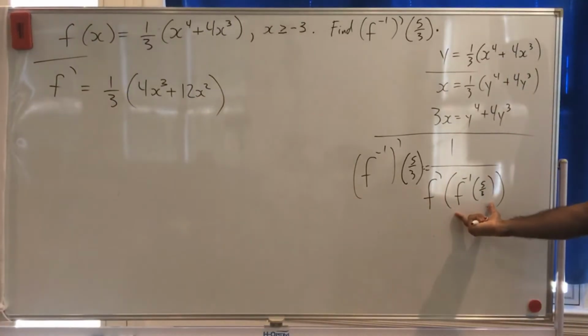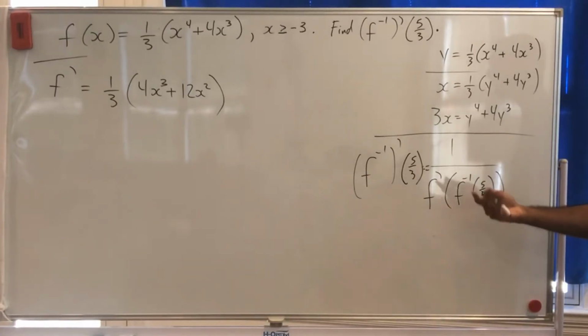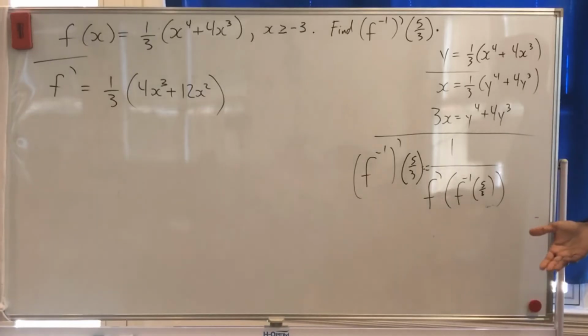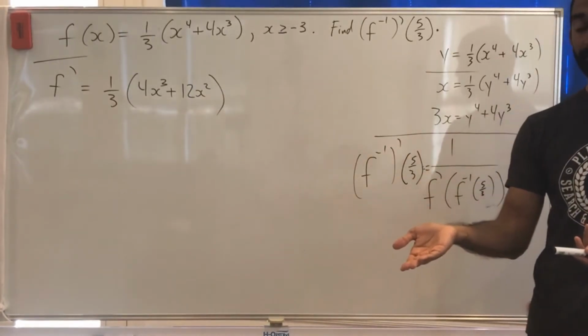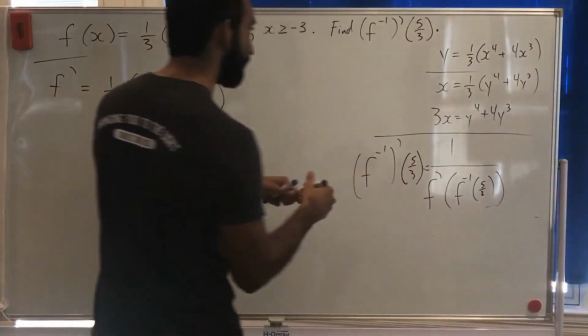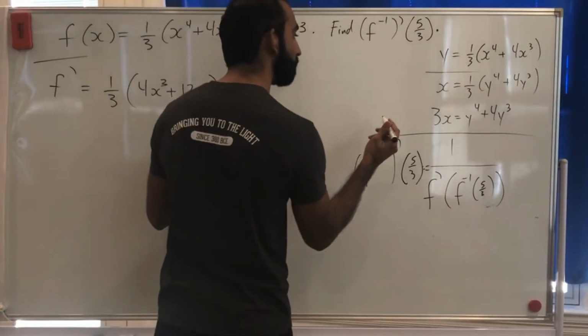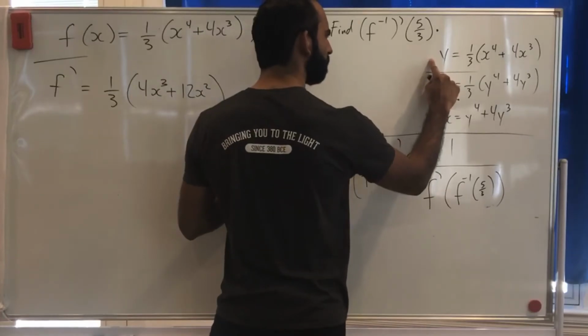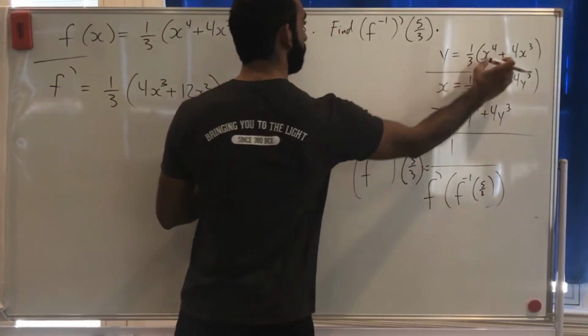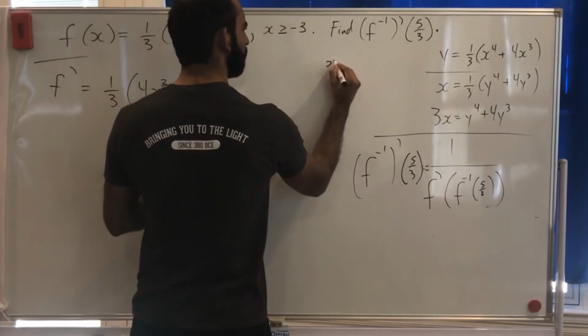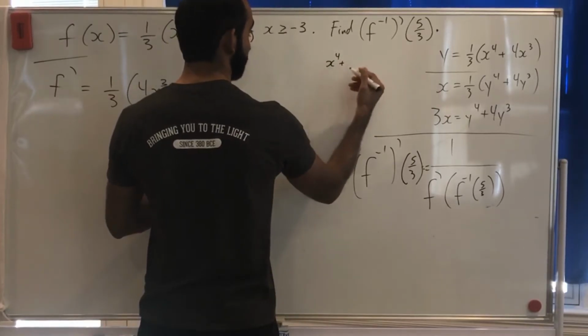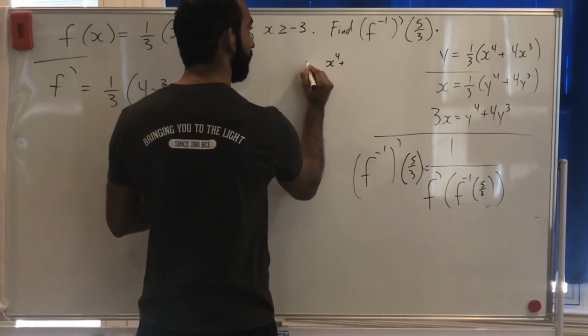Now, how can I find this value? F inverse of 5/3 numerically is just the same as asking what x value on the original produces a y value of 5/3. So let's translate that sentence into a mathematical statement. Here's my original. What x coordinate on the original generates a y coordinate of 5/3?